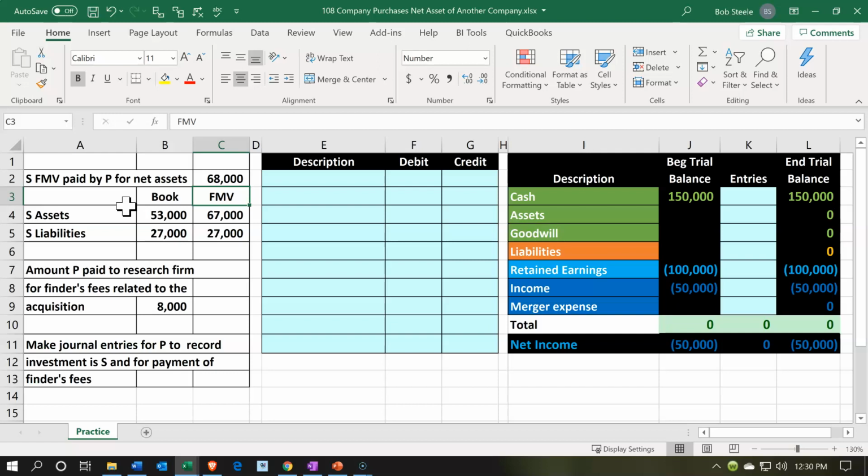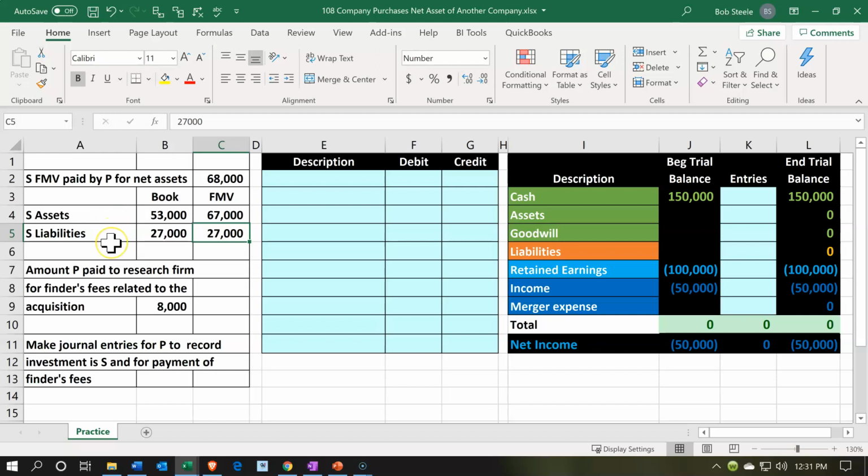Of course, in practice, negotiating or determining that fair market value, not just in total but asset by asset, is more intensive. We'll take a look at some longer problems later to break that out, so this is going to be a simplified example. But the concept is, if we have the assets at book value, we need the fair market value, and liabilities are the same thing.